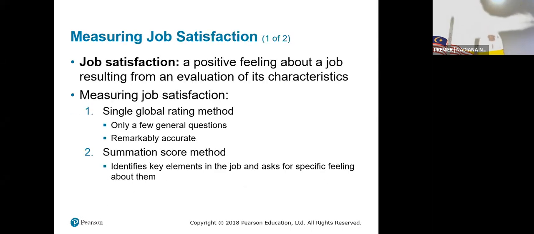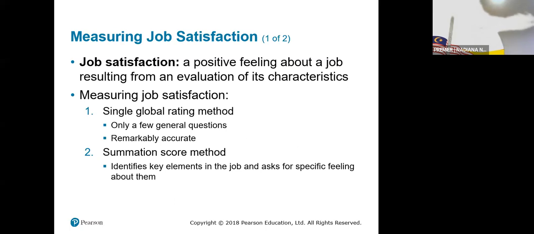Okay, measuring job satisfaction. We start with job satisfaction. What is job satisfaction? Job satisfaction is a positive feeling about the job resulting from an evaluation of its characteristics. The feeling of the staff.